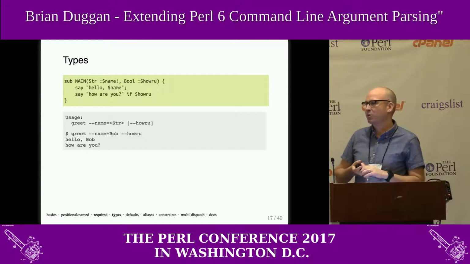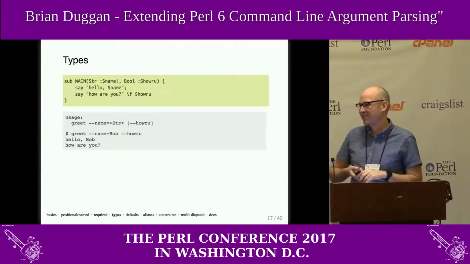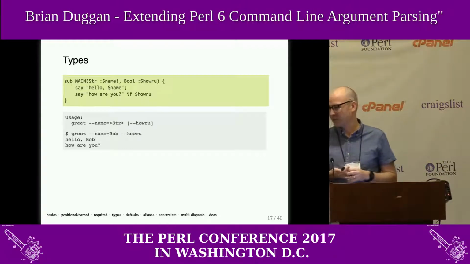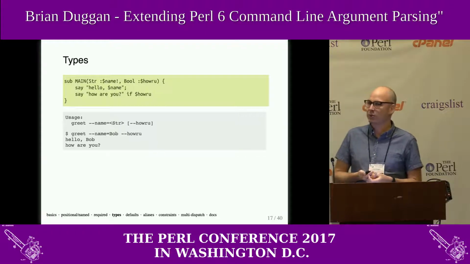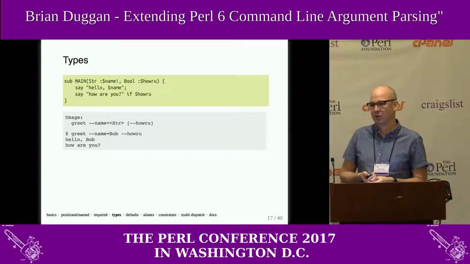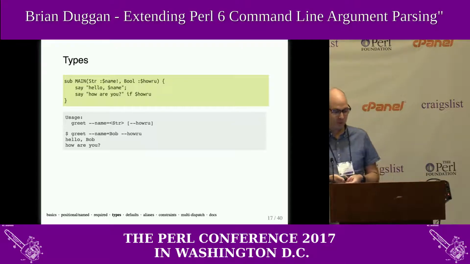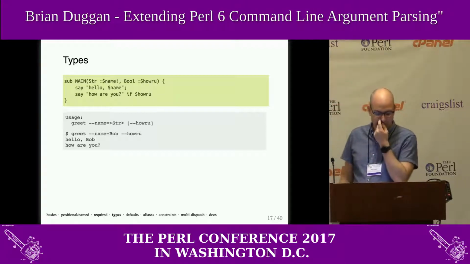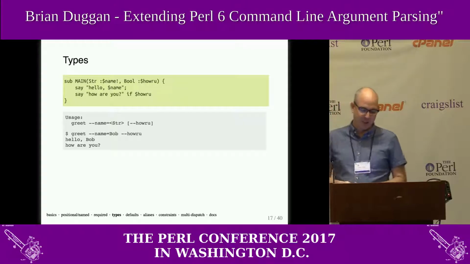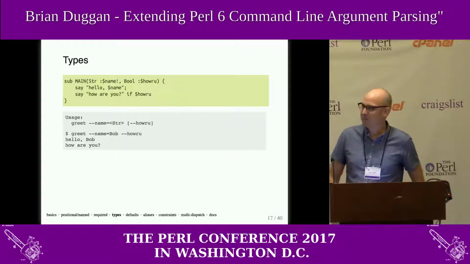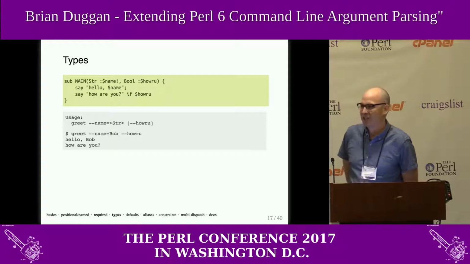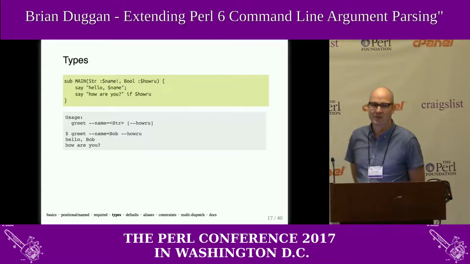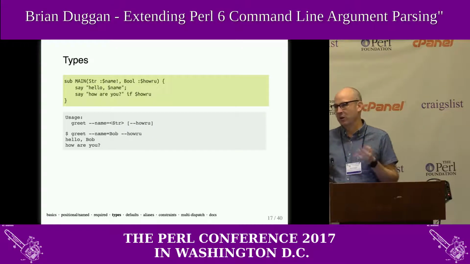One of the big things in Perl 6 is that it's gradually typed. So if you want to give types to the arguments of your function, you can specify them. So if we give our arguments a string and a Boolean type, then you can see that the usage message that gets generated automatically says this one takes a string, and the other one that's a Boolean is a flag that's either on or off.